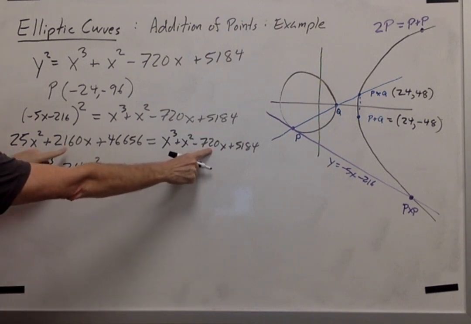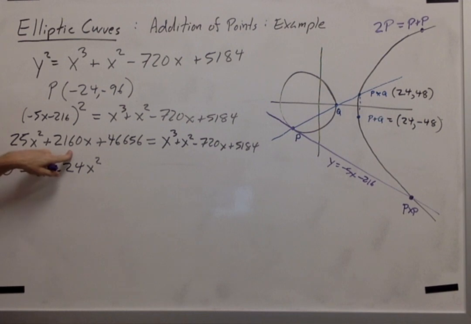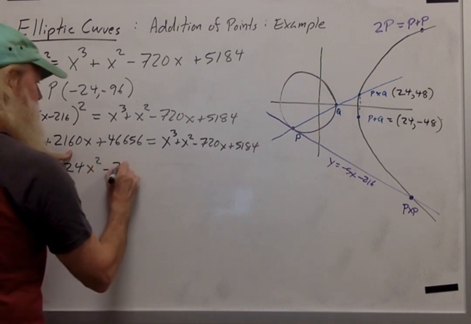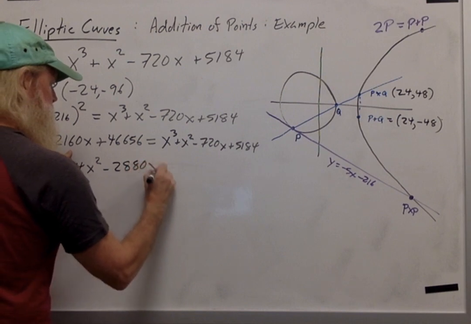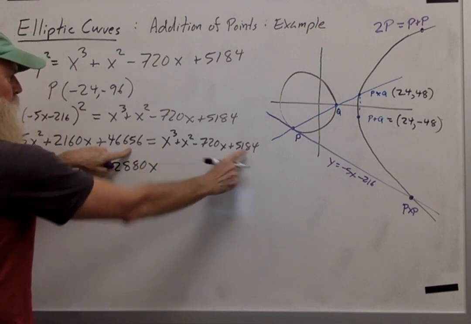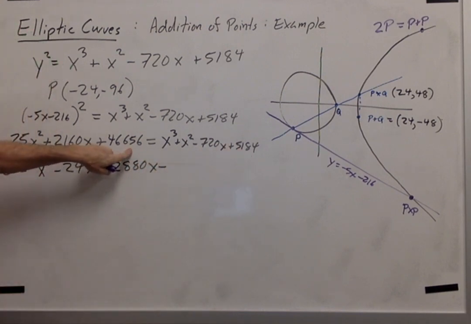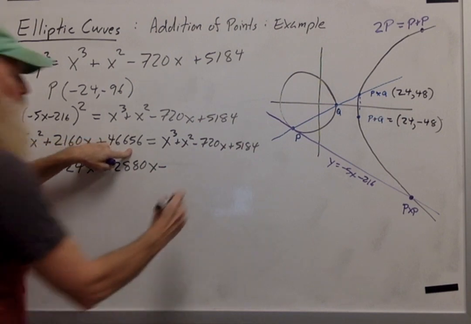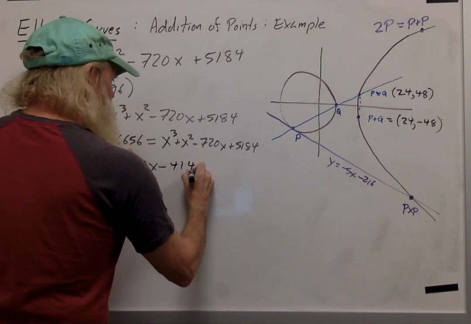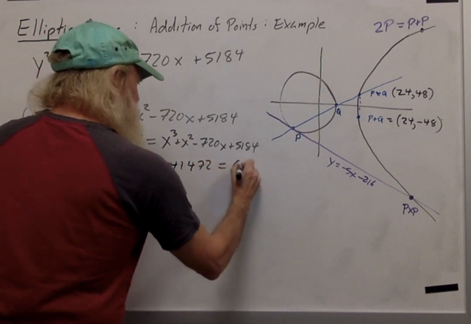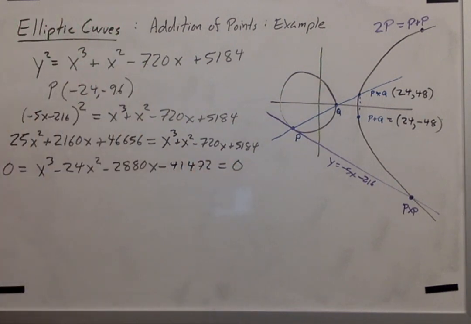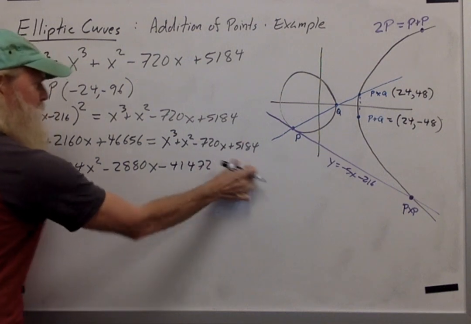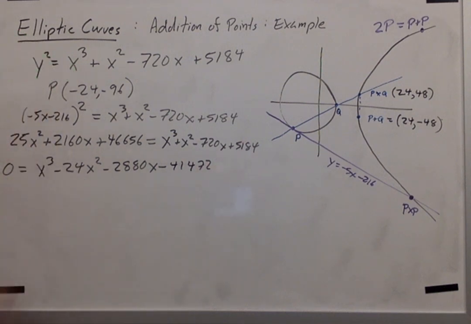Negative 720x minus 2160x is going to be negative 2880x. And 5184 minus 46,656 is negative 41,472. So, oops, I already have it equal to 0 over here. So now we just need to find the 3 solutions to this.